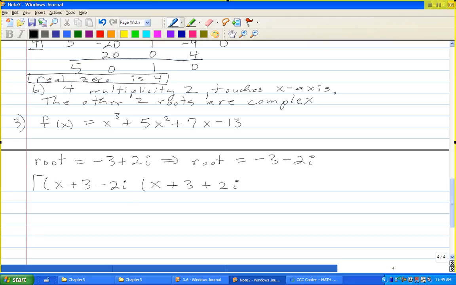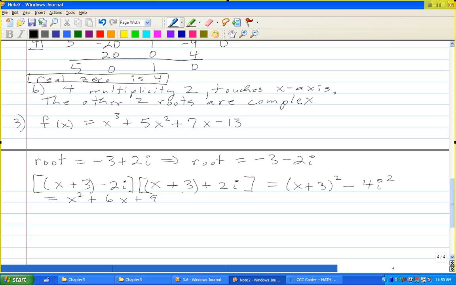And let's multiply these together. When I do that, let me group these. This is just the product of the difference and sum of the two terms, which is the difference of their squares. And so this is equal to x squared plus 6x plus 9.